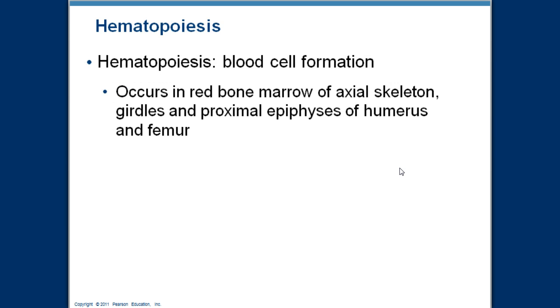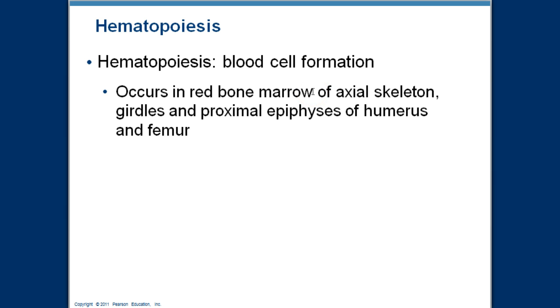So before we talk about red blood cells specifically, we have to talk about blood cell formation. Or I should say, before we talk about how red blood cells are formed, which is coming up next, we will talk about blood cell formation in general, which is called hematopoiesis. It takes place in the bone marrow.